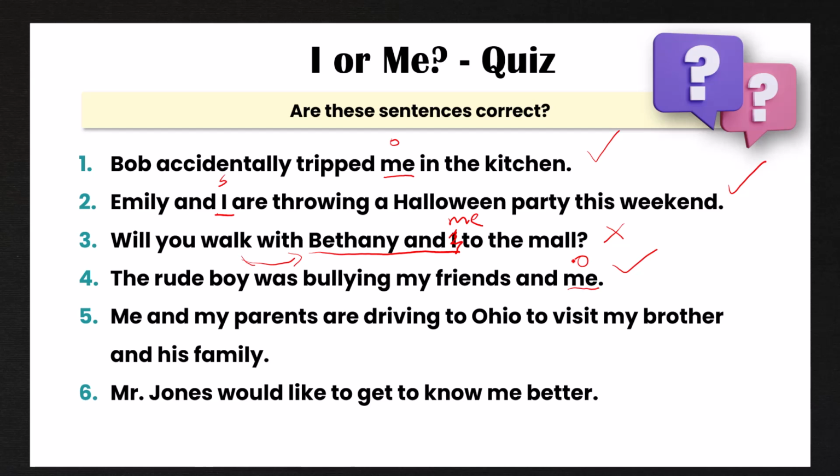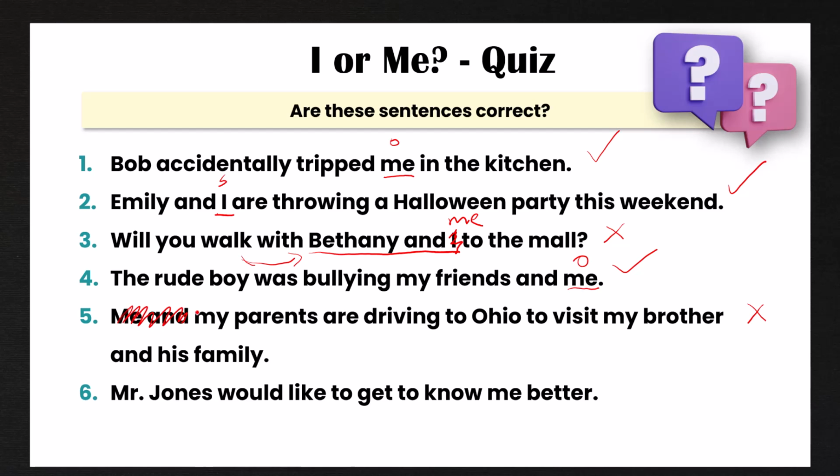Number 5 is incorrect. Me and my parents are driving to Ohio. Now again, in casual conversation, this would be quite typical to say me and my parents. However, it is incorrect grammatically. We don't say me and my parents.